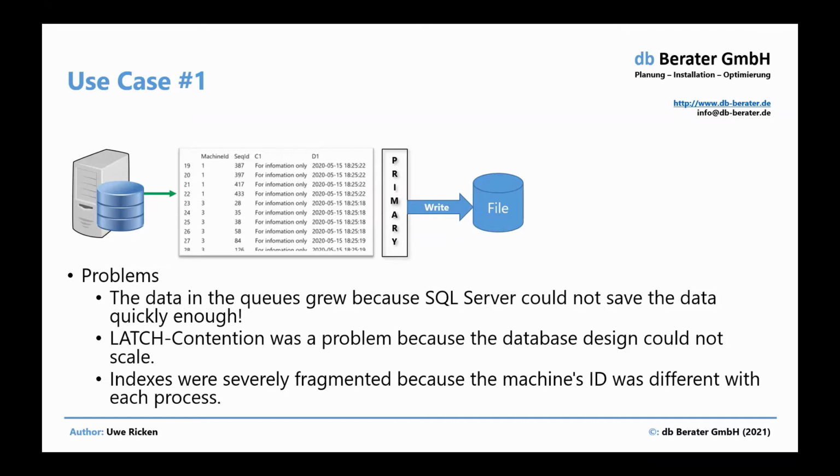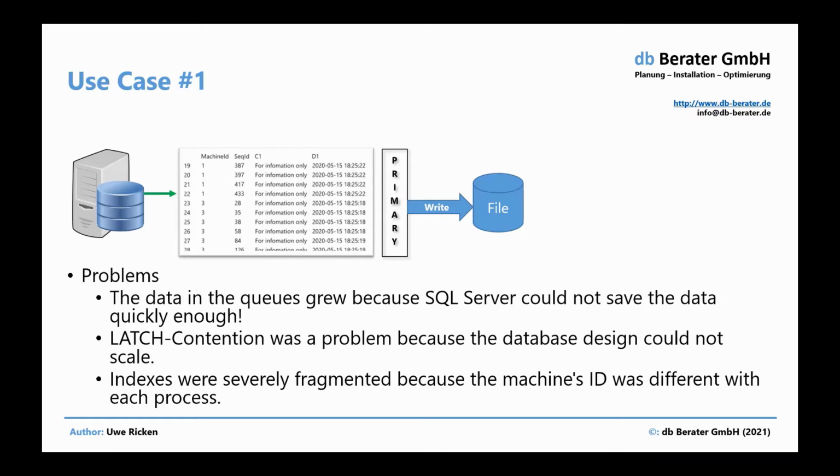But if we have a bad database design, then it might be that too many processes are hitting data into one machine, and then they will concentrate on the last page of the index. So the machine ID and the increasing value of the date will lead to a contention on the last page of the index.